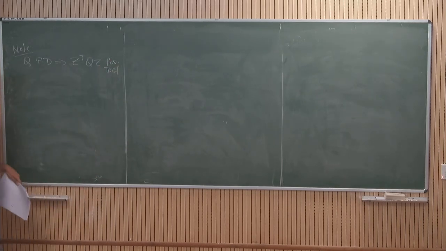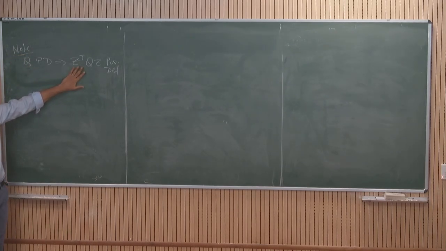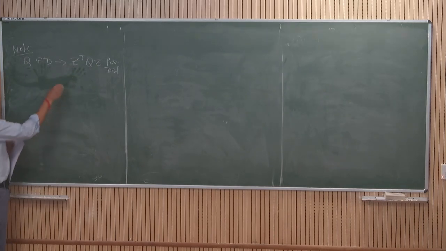This is a note. This you already know, but I'm still writing it as a note. I'm just trying to tell you this is a stricter condition. This is a weaker condition because it makes Q positive definite on a smaller space. This makes Q positive definite over a larger space. So this will always imply this, but the other direction will never be true.